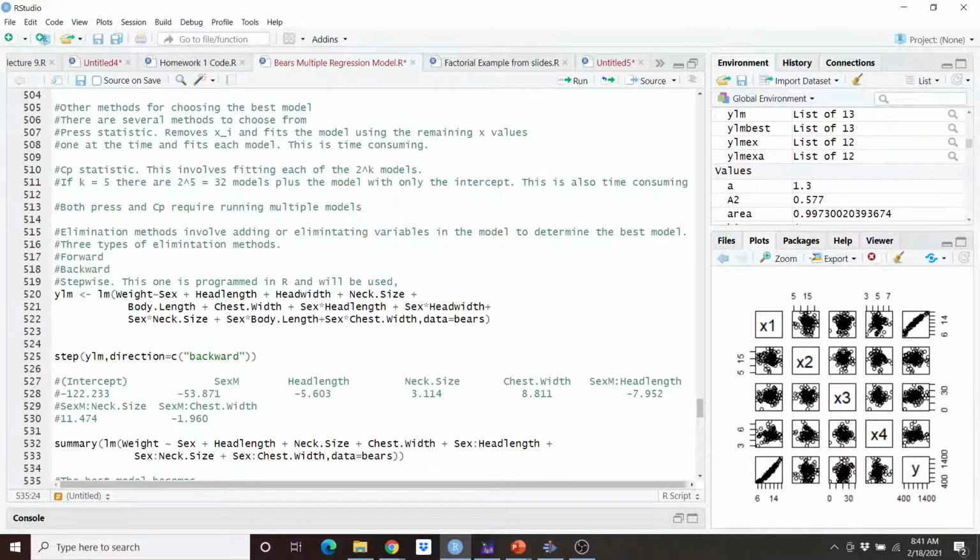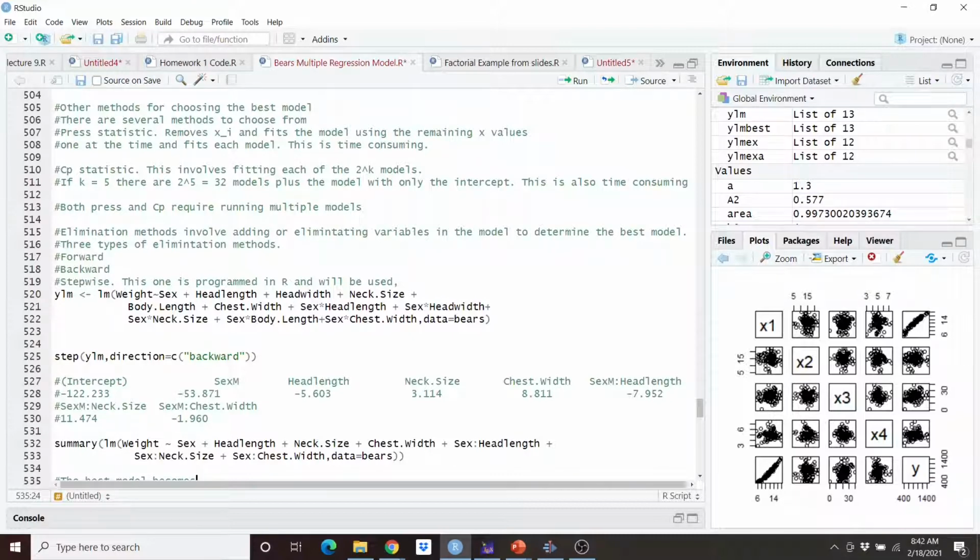Now, Mallows Cp is calculated as the sum of squares residual for the pth model, in other words, the pth residual sum of squares divided by the sum of squares error from the regression equation with the largest number of independent variables, minus n minus 2p, where p is the number of model parameters and n is the number of observations.